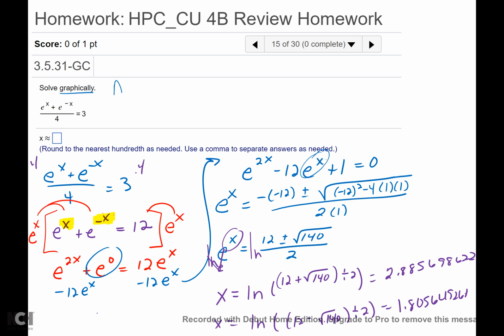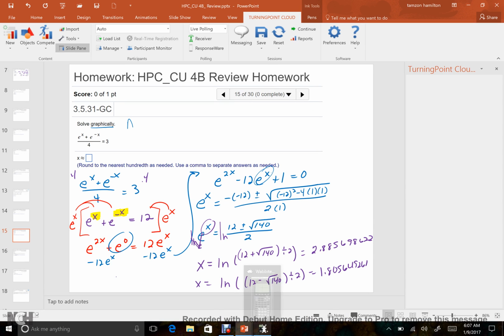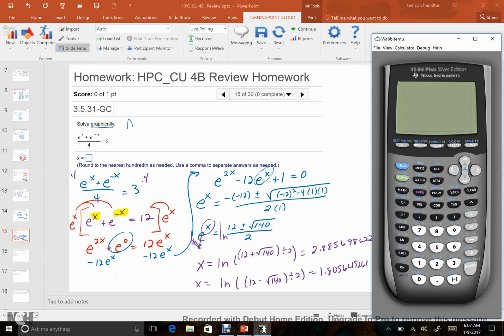Alright, but they want us to do it graphically. To do it graphically, you go to y equals, clear this out. On the left hand side, I'm going to type in parentheses e caret x plus e caret negative x, parentheses, divided by 4.